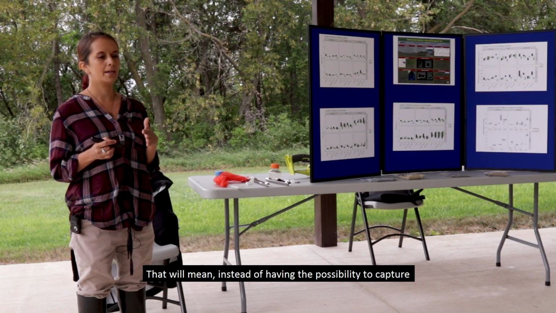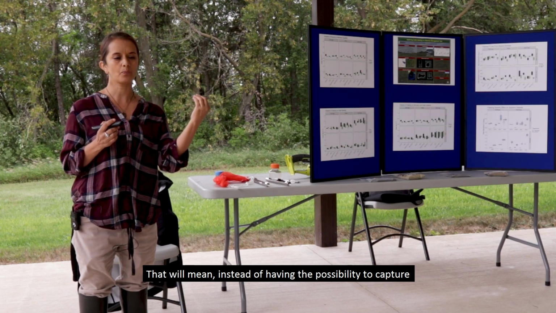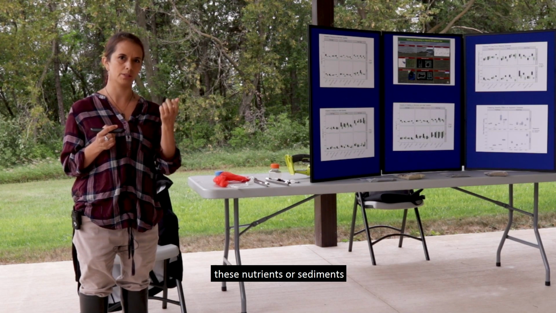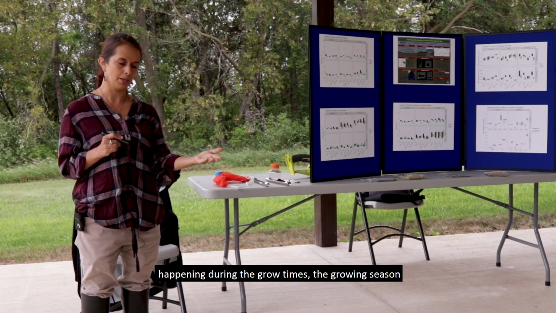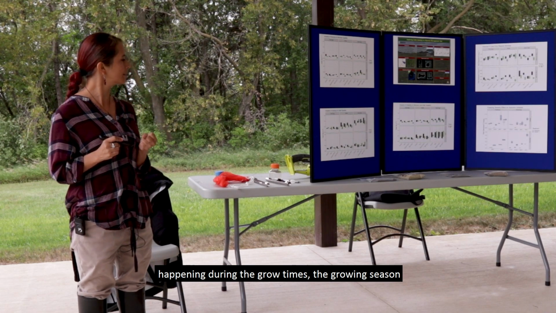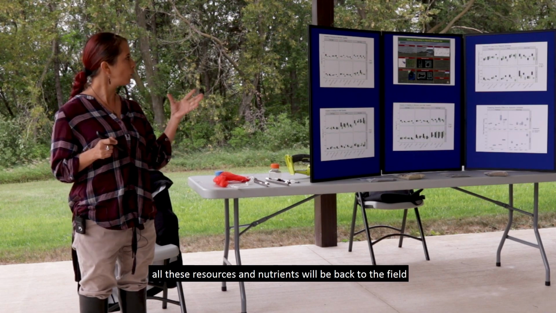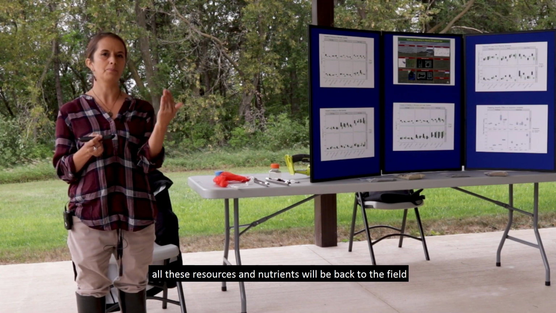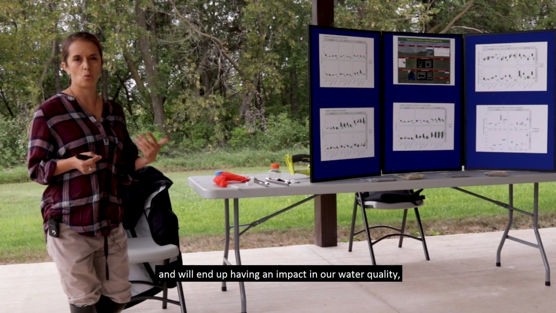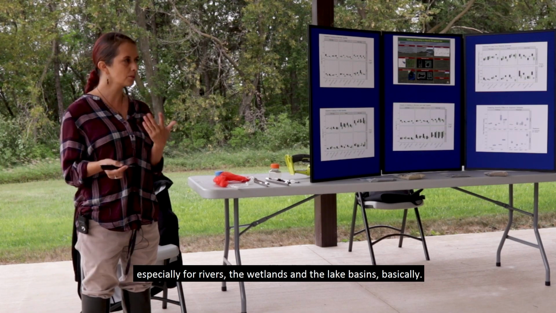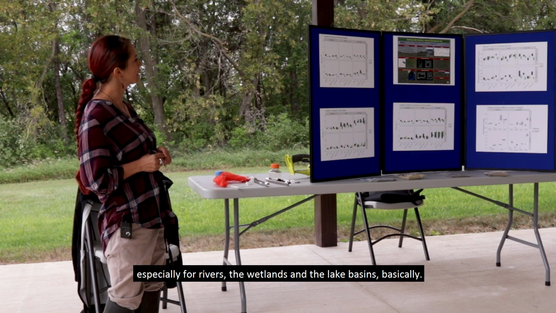That means that instead of capturing these nutrients or sediments, as happens during the growth season, when spring snowmelt arrives all these resources and nutrients will be back in the field and will end up impacting our water quality, especially for rivers, wetlands and lake basins.